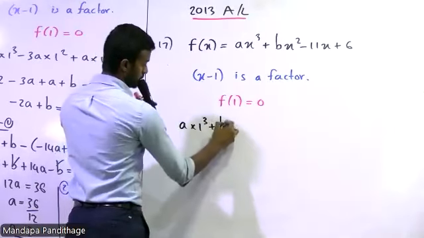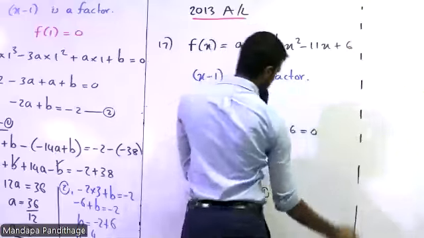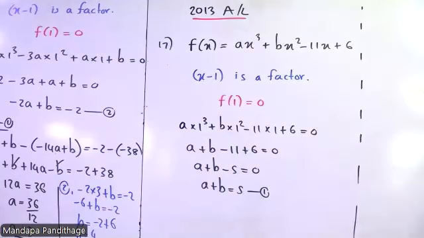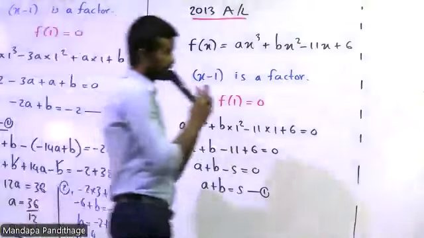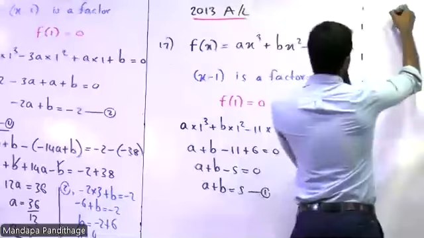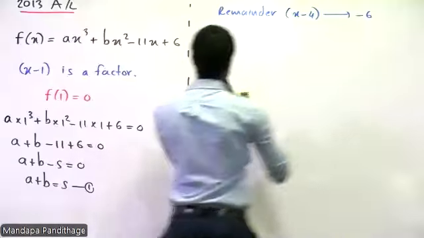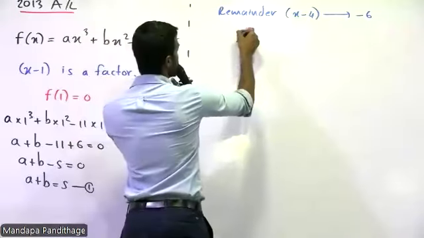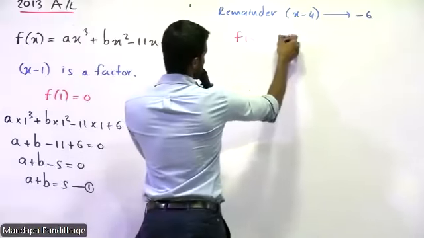And then the other one is about the remainder when divided by x minus 4. They have given that the remainder is minus 6. When divided by x minus 4, it's minus 6. So then you can mathematically write it f(4) is equal to minus 6.